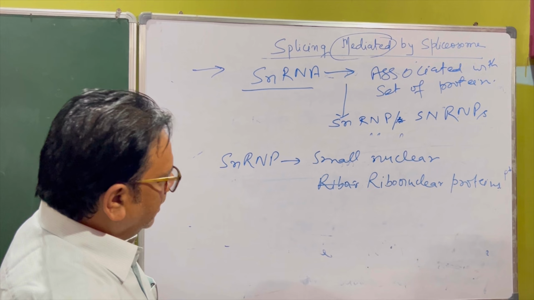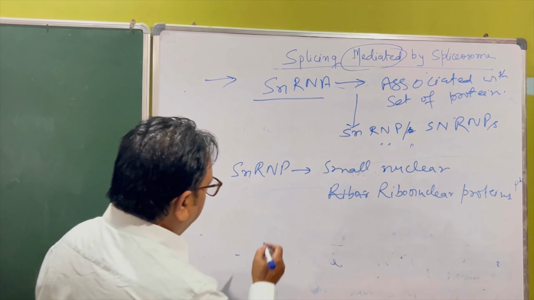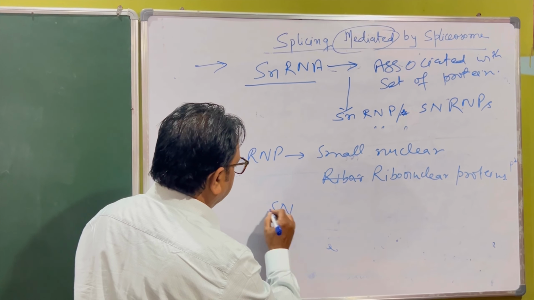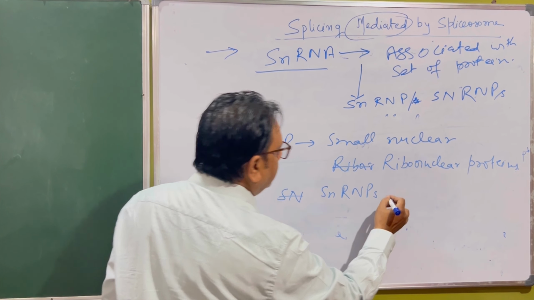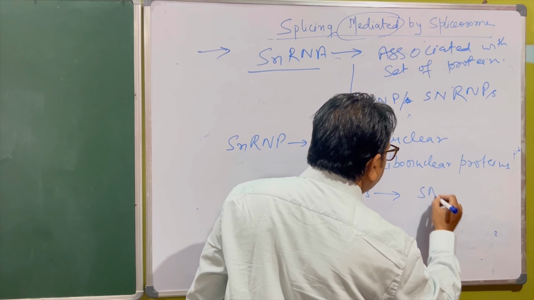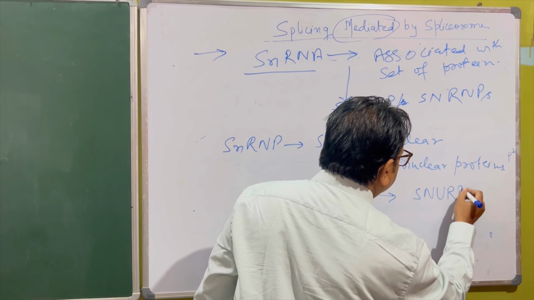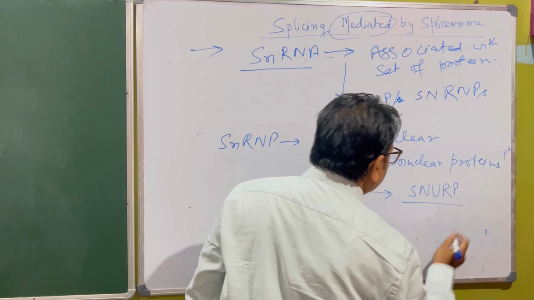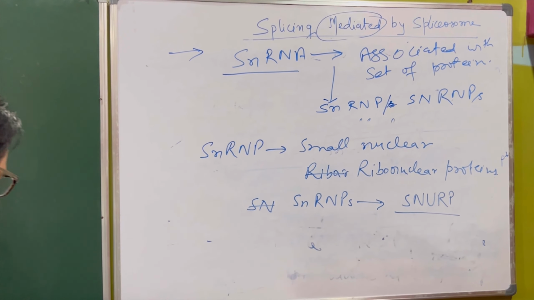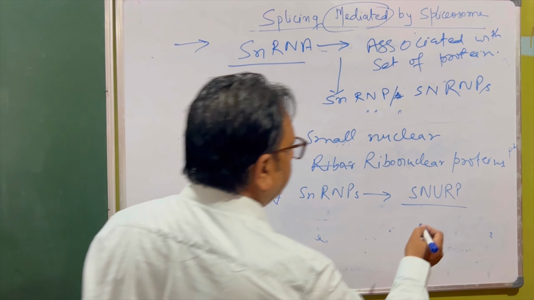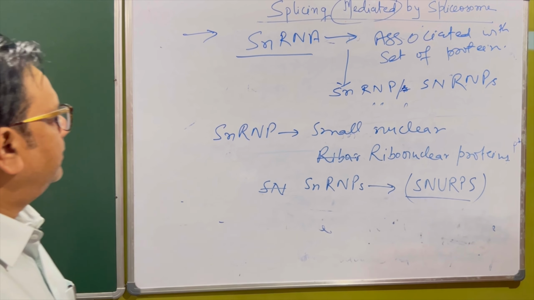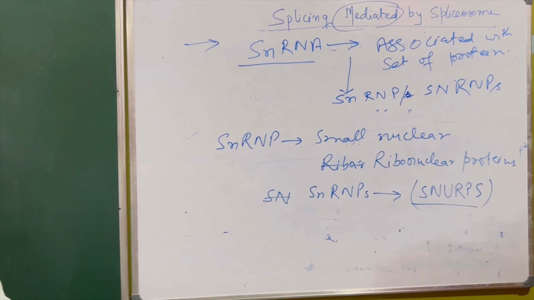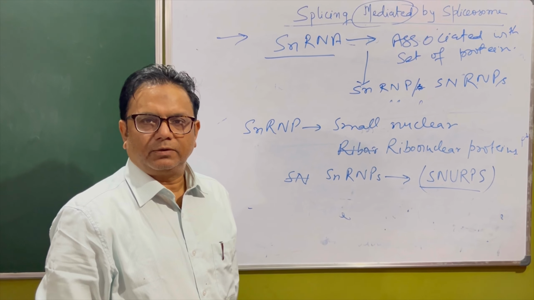Now, these snRNPs are pronounced as SNRPs. Okay? You don't say snRNP. You simply say SNRPs.